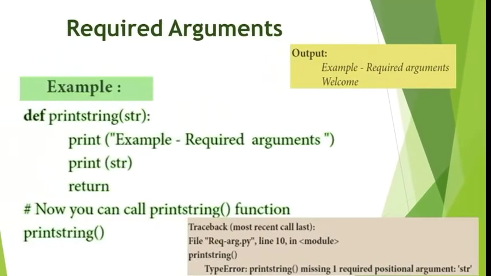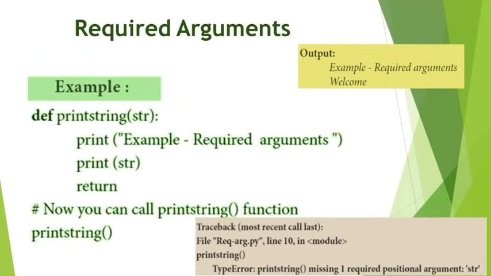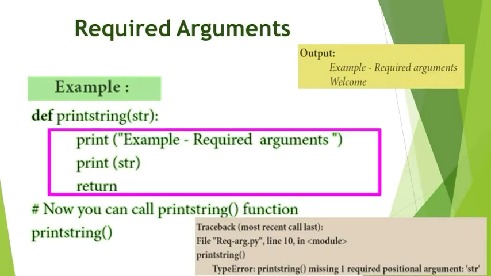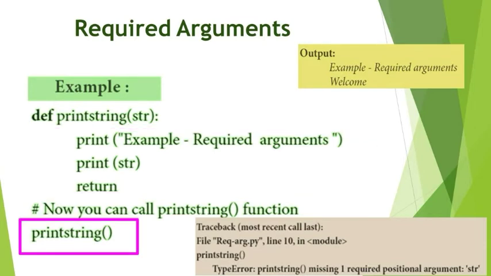See this example. In this code, one function is created, that is print string. Within that function, some statements are given. Example, required arguments, str and a return statement is also given. But if you are calling print string, you will get the output syntax error. Why?